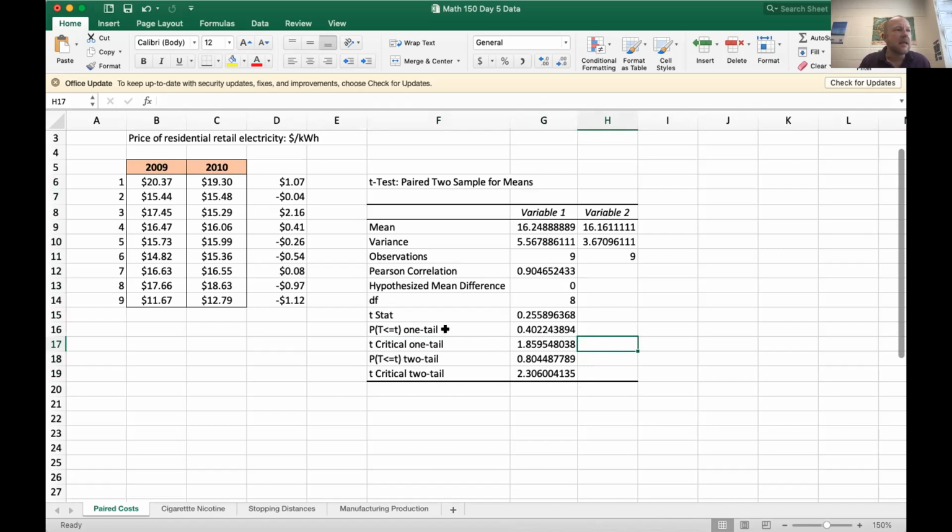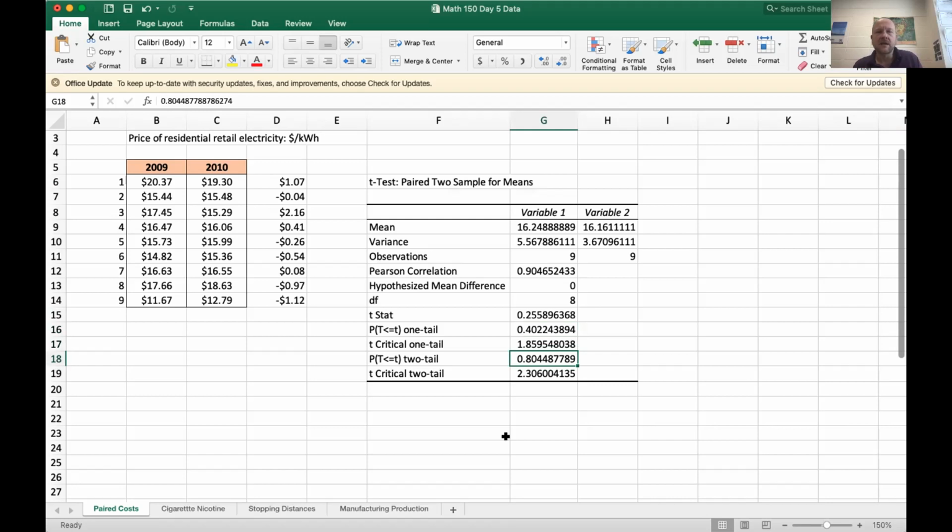So taking a quick look here, the one-tailed test. So this is looking at the probability that, since it says less than or equal to, that the 2009 numbers were less. And it says that we're getting 0.4 for that. And the probability for a two-tailed test is going to just multiply that by 2. And so we're ending up with 0.8.